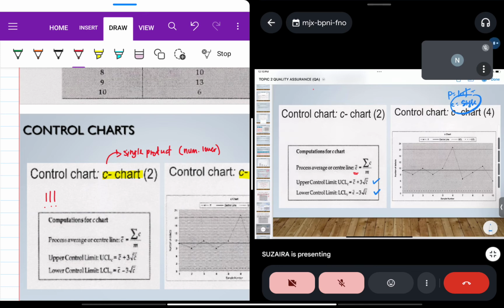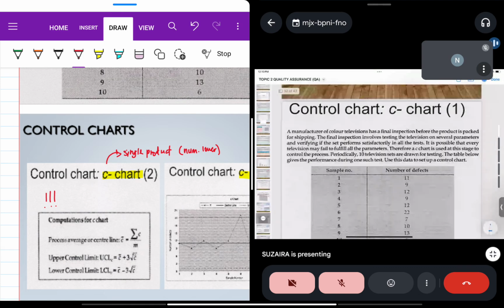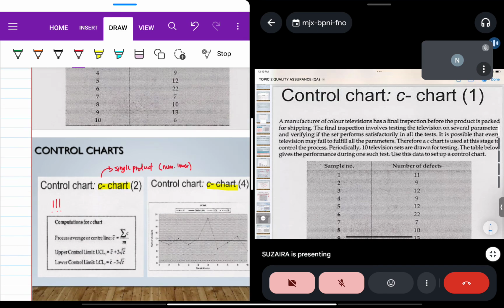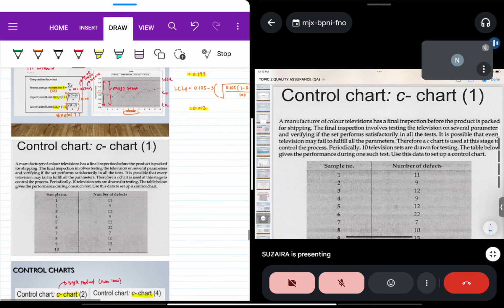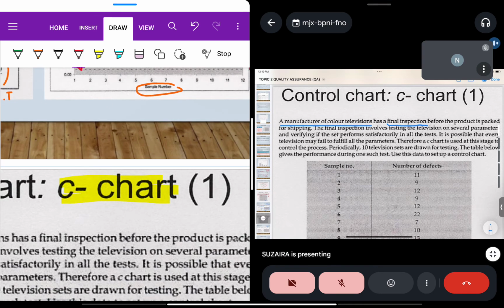If we look at this one, this is the example of a control chart, similar to just now. We have a case study here, where a manufacturer of color television has a final inspection.